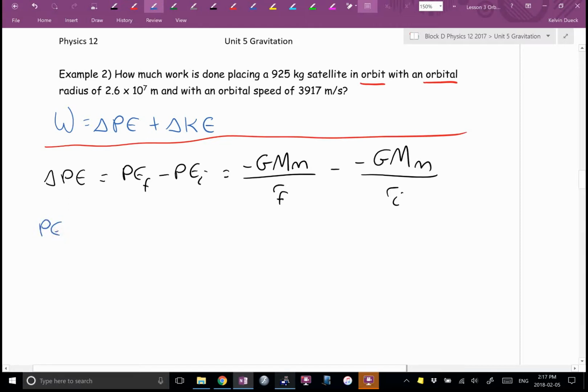No, I don't have to start there. I could start from a space station. Negative 6.67 times 10 to the negative 11. 5.98 times 10 to the 24th. 925. Our final.